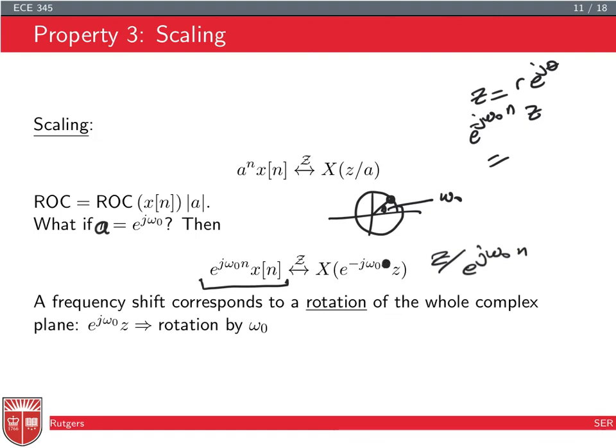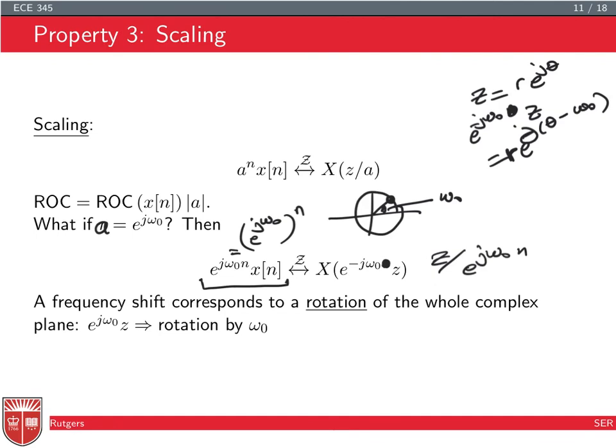There is no n here. This is basically e to the j omega 0 to the power n. So when you multiply e to the minus j omega 0 times z, it's going to give you e to the j (theta minus omega 0), and you have the amplitude here. So what you're doing is rotating the angle of z.